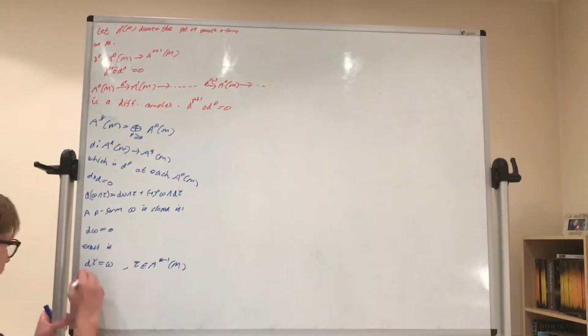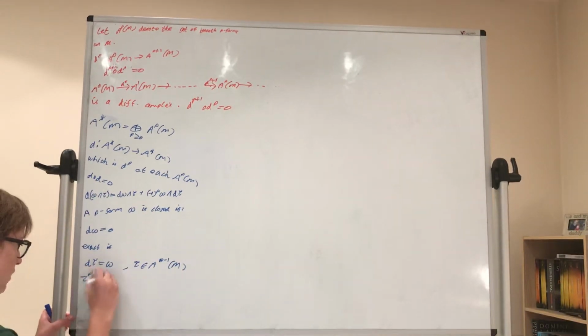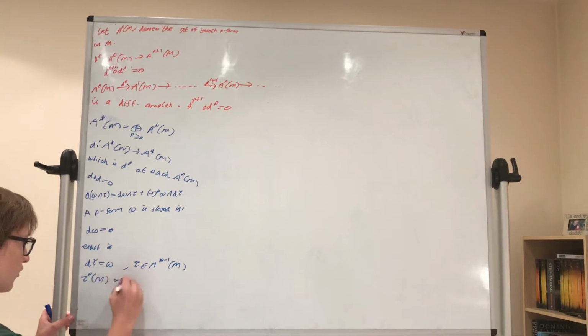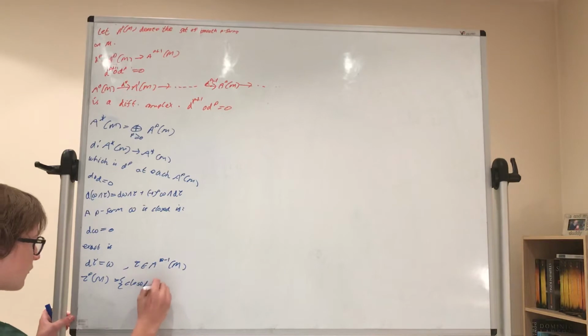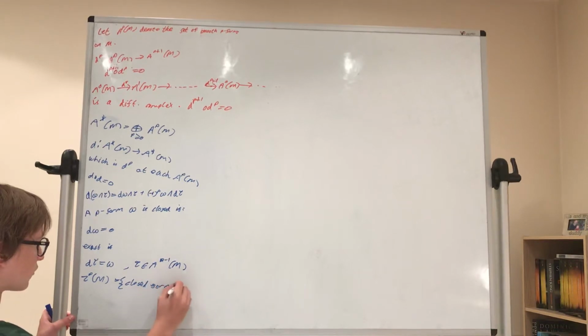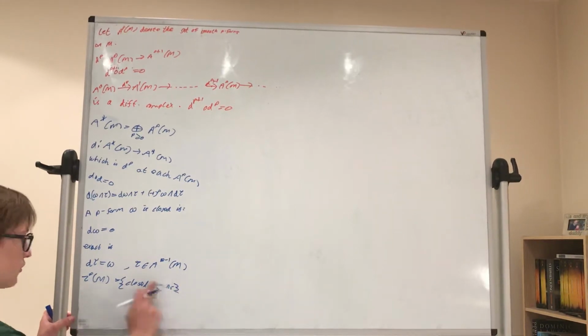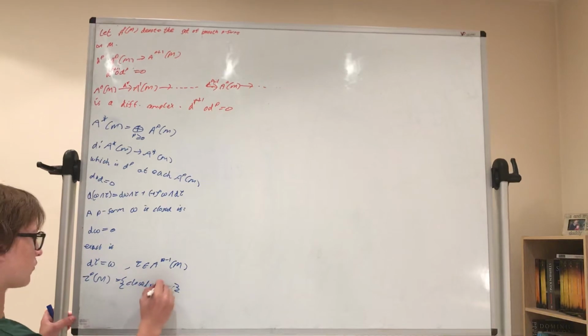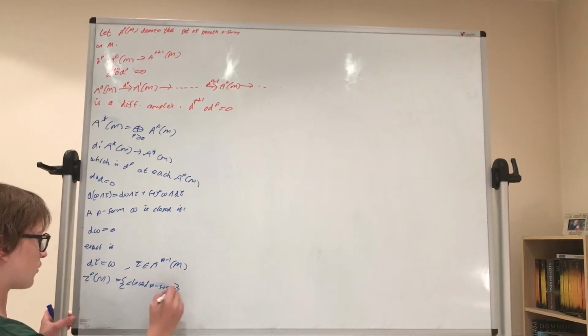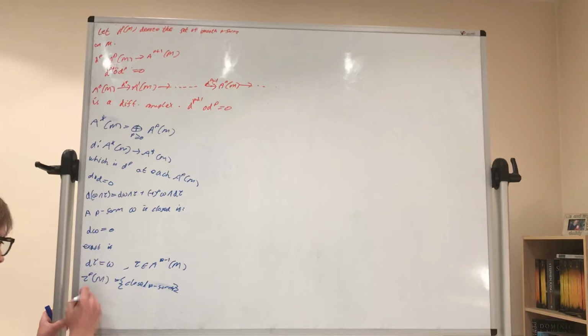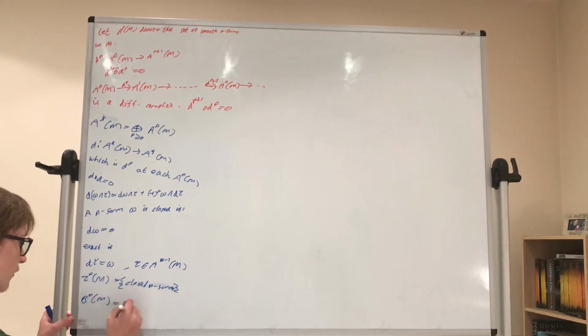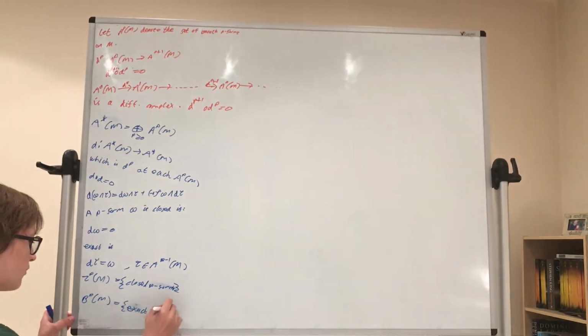Now, Z^p(M) is the set of all closed p-forms. And B^p(M) is equal to the set of exact p-forms.